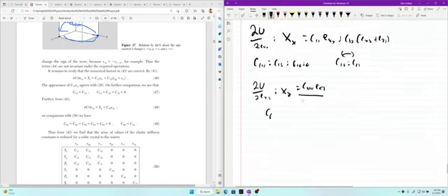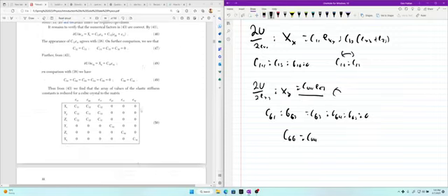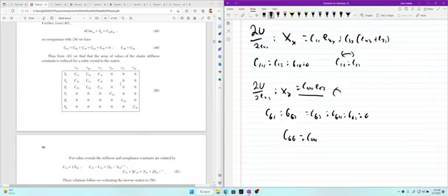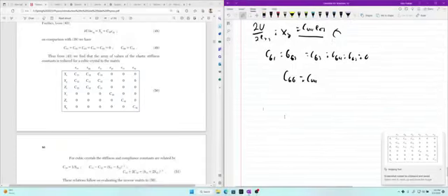So C61 equals C62, which equals C63, C64, C65, which all equal 0. And then C66 has to equal C44 from our earlier expression. So then basically we can get an array of values for the elastic stiffness for a cubic crystal, this fancy looking matrix where we see that a lot of the stuff gets zeroed out.